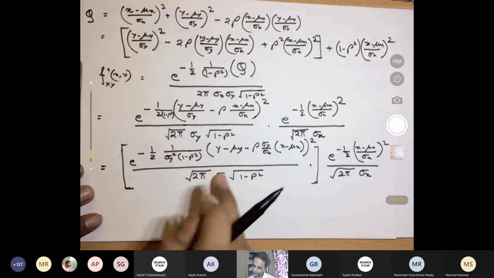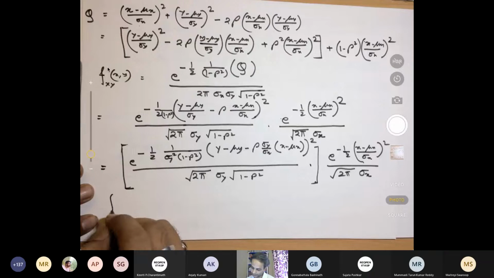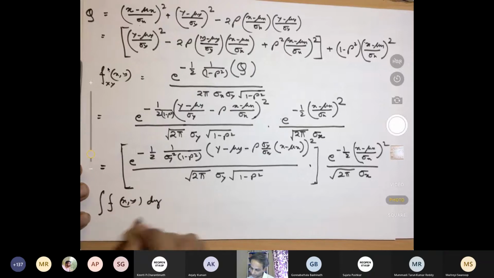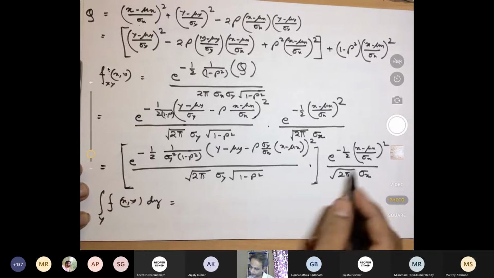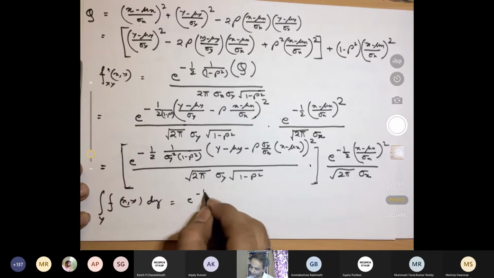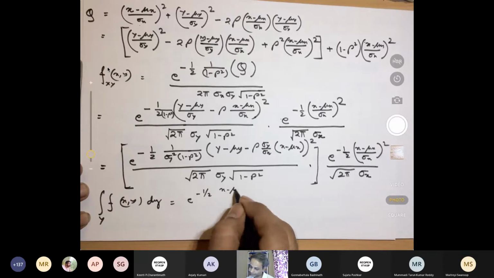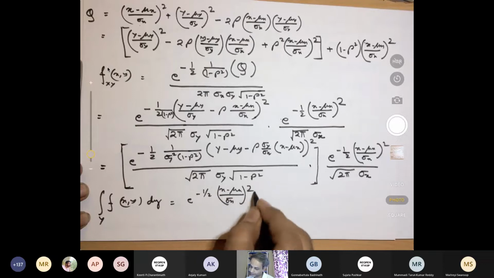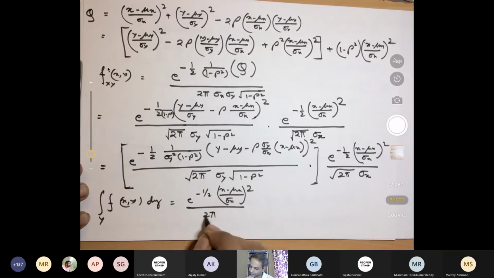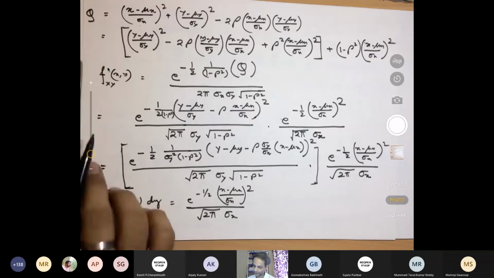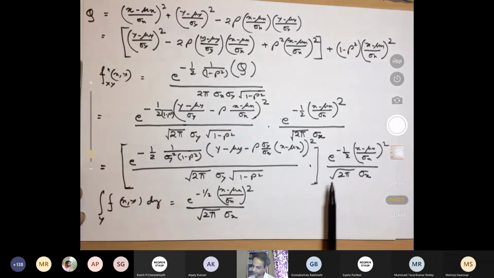So if you integrate out f x y with respect to y, you will get e to the power minus half x minus mu x by sigma x square by root 2 pi sigma x.